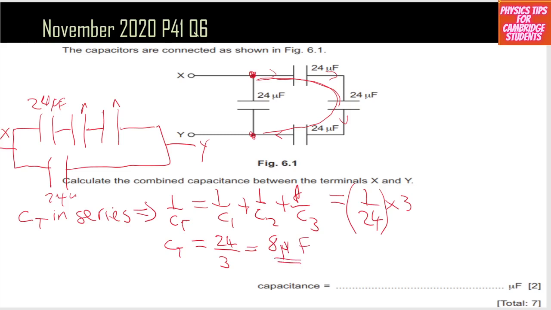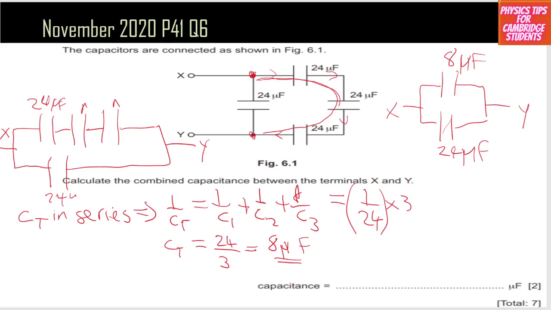Okay. Now, this is now equivalent to having two capacitors in parallel, which are the 8 micro that we have found from capacitors in series, and then the 24 micro, which is there between X and Y. So capacitors in parallel, they behave like resistors in series.